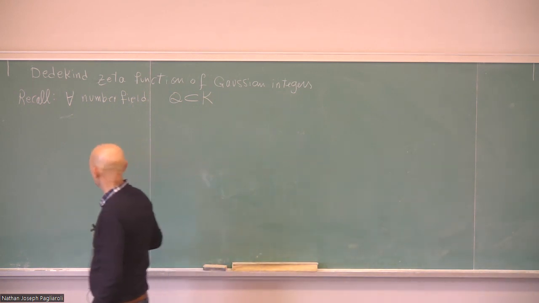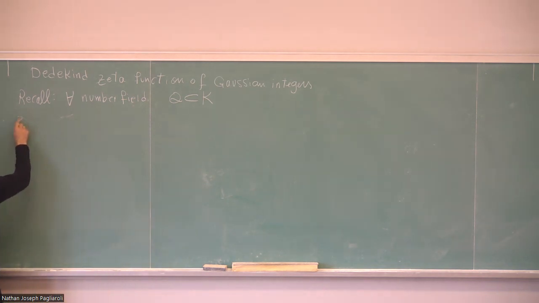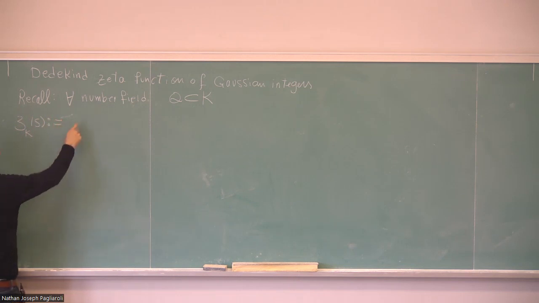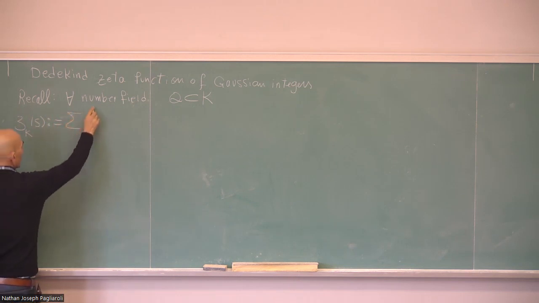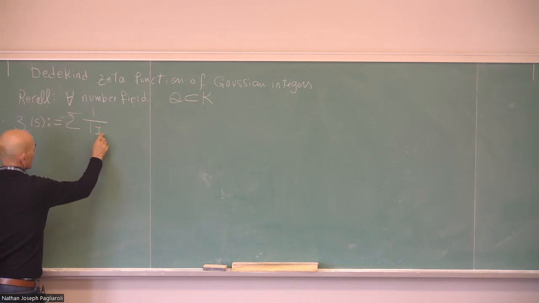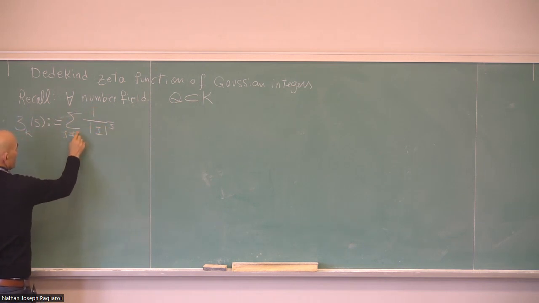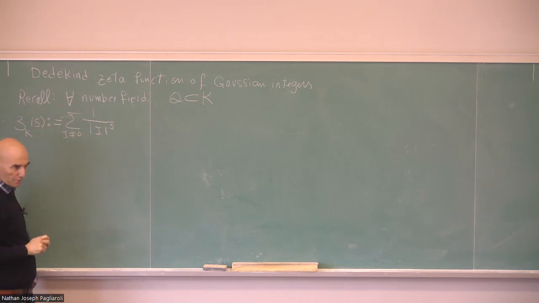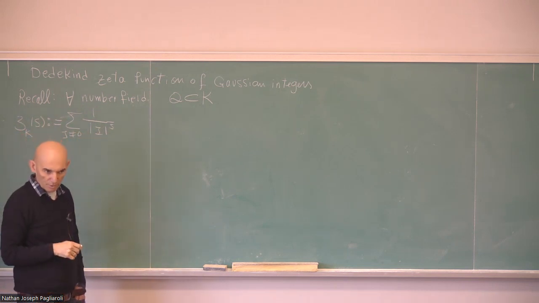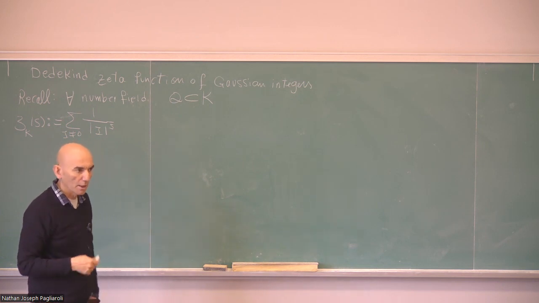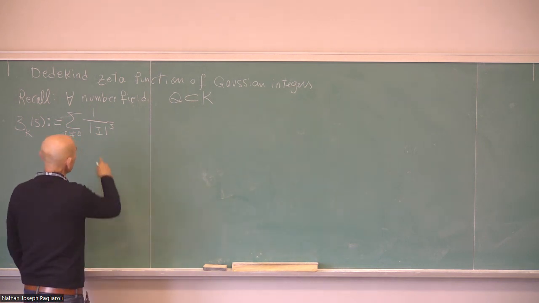I mean, Dedekind defined this zeta function, zeta K of s, which by definition is a sum of 1 over the absolute value of I to the power s, I different from 0. So this sum is over all non-zero ideals in O_K, right?